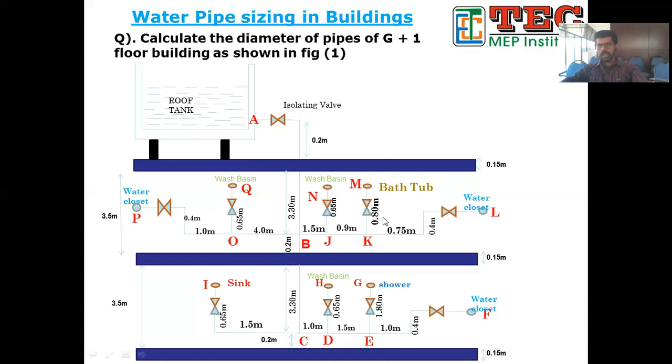From the branch pipe, it will be going to individual fixtures. So we are going to find out the pipe sizes. How to find out the pipe sizes? If possible, you have to draw it in your notebook. Then only you will be able to find the pipe size.